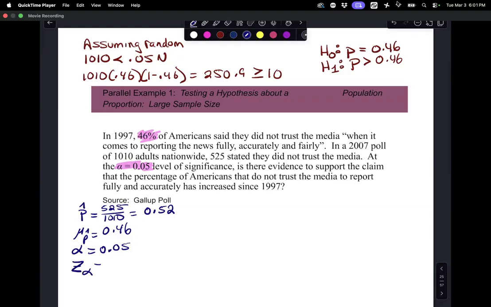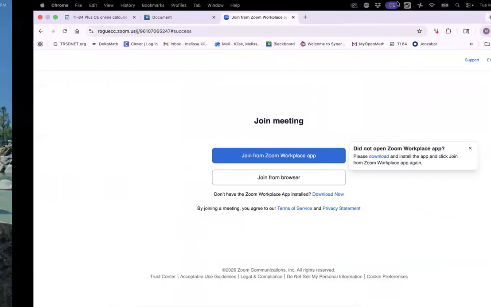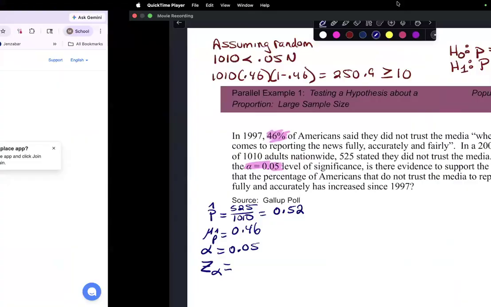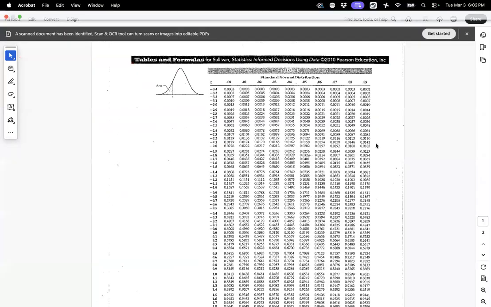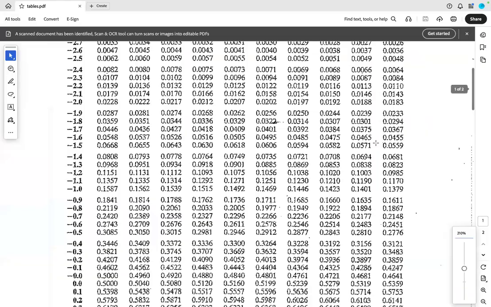I know this is a lot of steps, but this is kind of like our grand finale. So it is what it is. The homeworks are a little bit shorter, or they just want bits and pieces. I'm going to pop over to my z table. Maybe if I can find my z table. There it is. Take a look at the bottom of your z table.